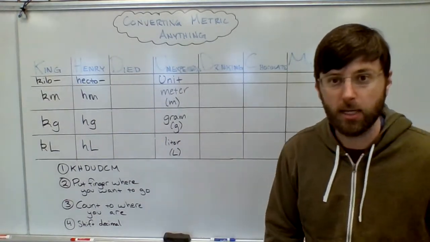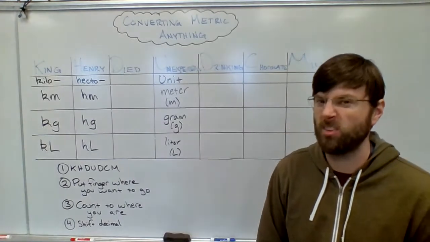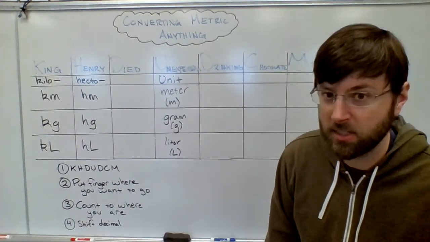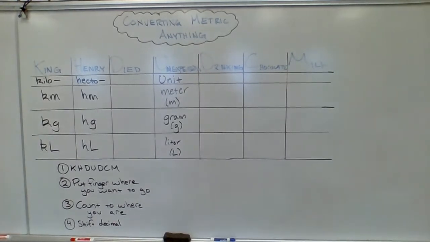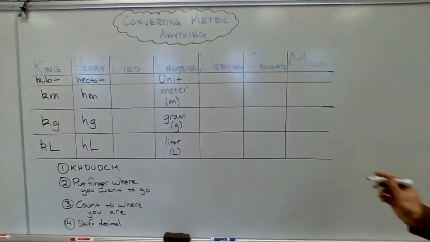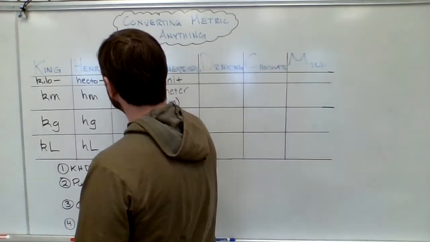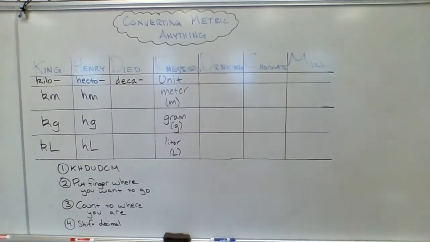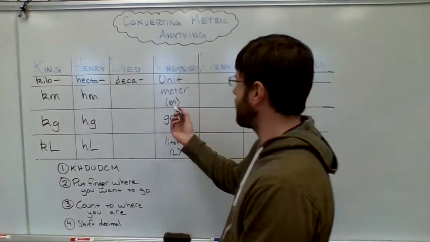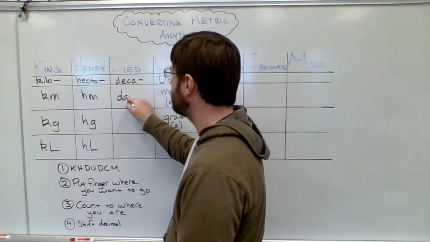Now what's the D? What do you think? If you're thinking deci, then you're pretty close. But it is actually Deca. It's Deca. And I can't remember if it's a capital D or a lowercase g. I better check. I don't like lying to children. The abbreviation is DA. Okay, so a decameter.